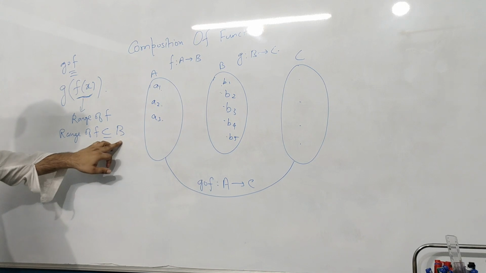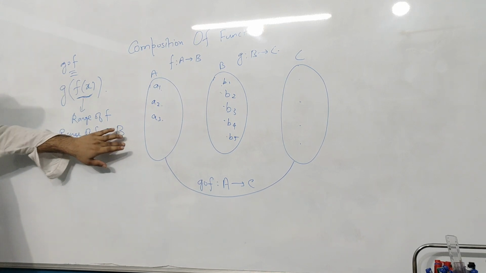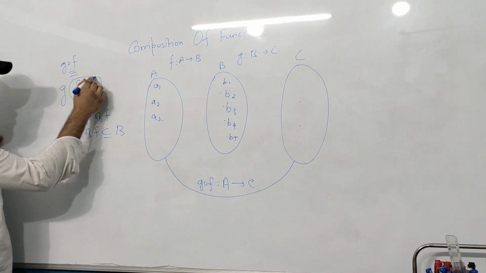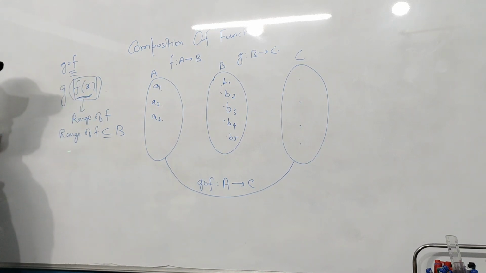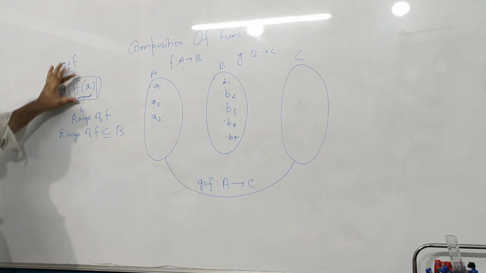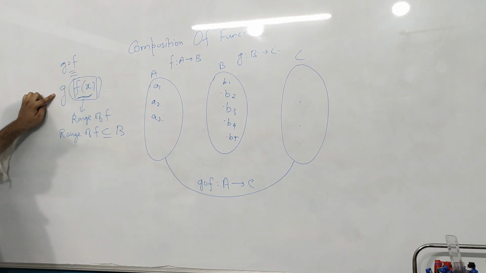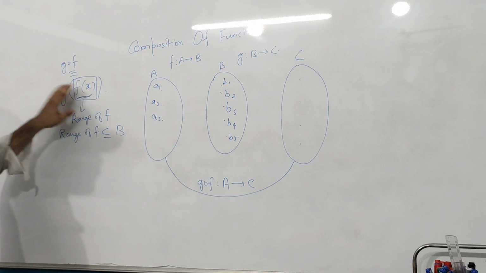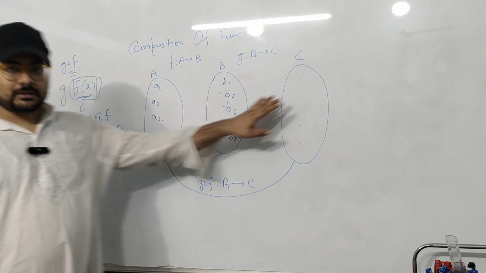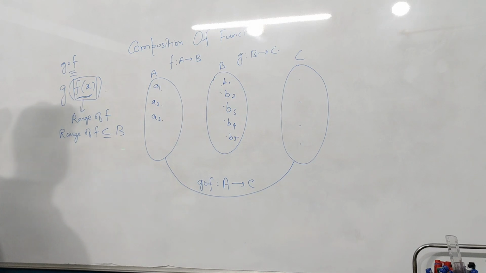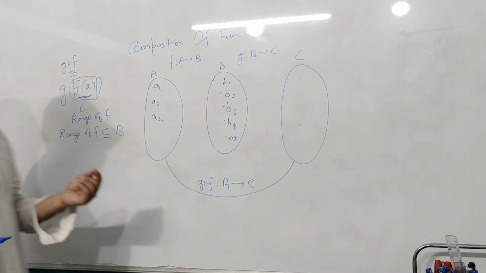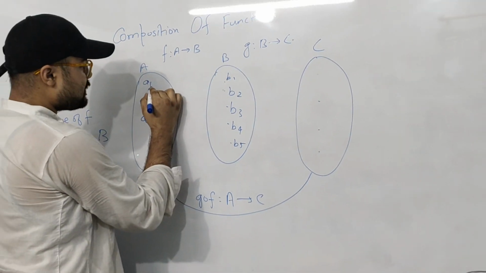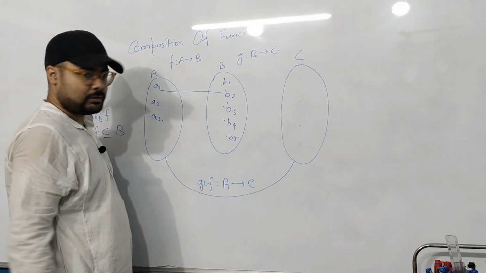Range of f is a subset of B, and B is the domain of G. So for whatever will come here, all those elements are valid input to this function G. For all such values of f(x), you will get a value in C, and that will map the element of A with C. A1 is mapped to B2.